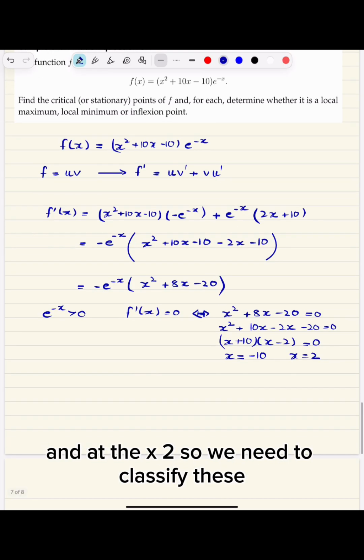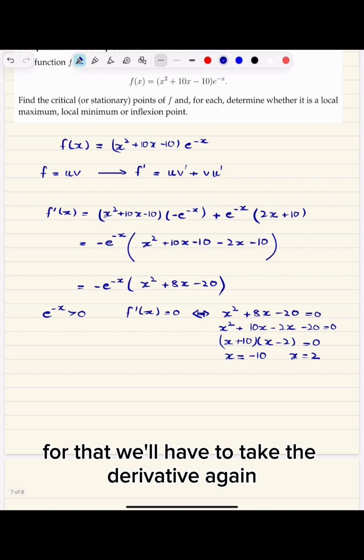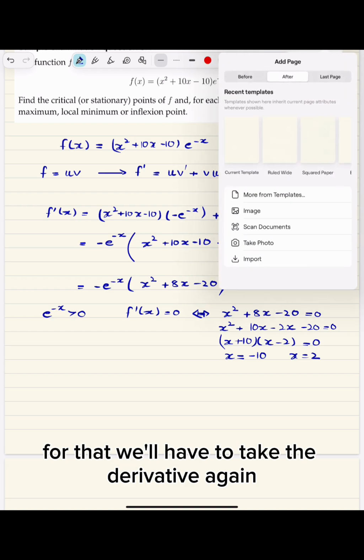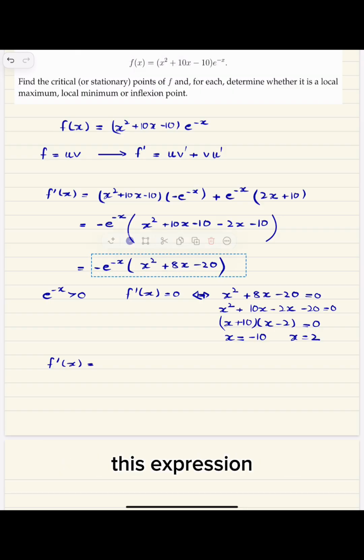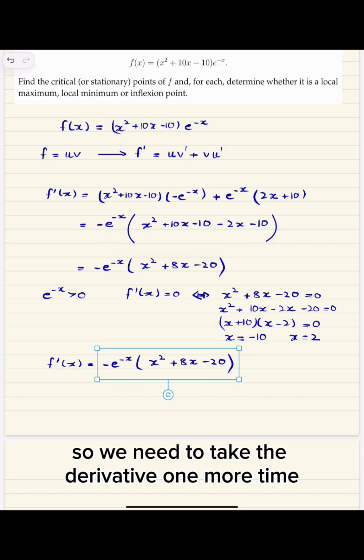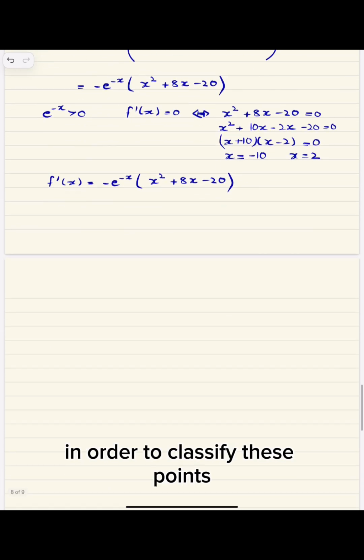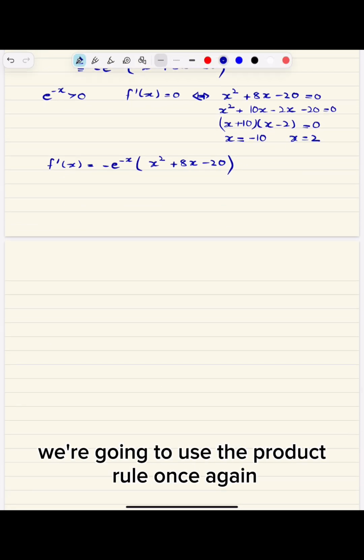So we need to classify these. For that, we'll have to take the derivative again. So the first derivative was this expression. So we need to take the derivative one more time in order to classify these points. We're going to use the product rule once again.